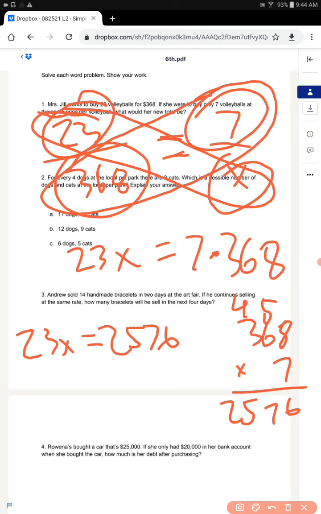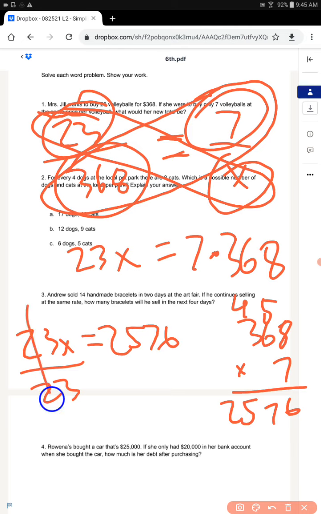So we're trying to find x, so we have to get x by itself. But currently, x is being multiplied by 23. So we need to get rid of that. So what's the opposite of multiplication? Division. So we're going to divide by 23 to cancel these out. So it's being multiplied by 23 and then divided by 23.